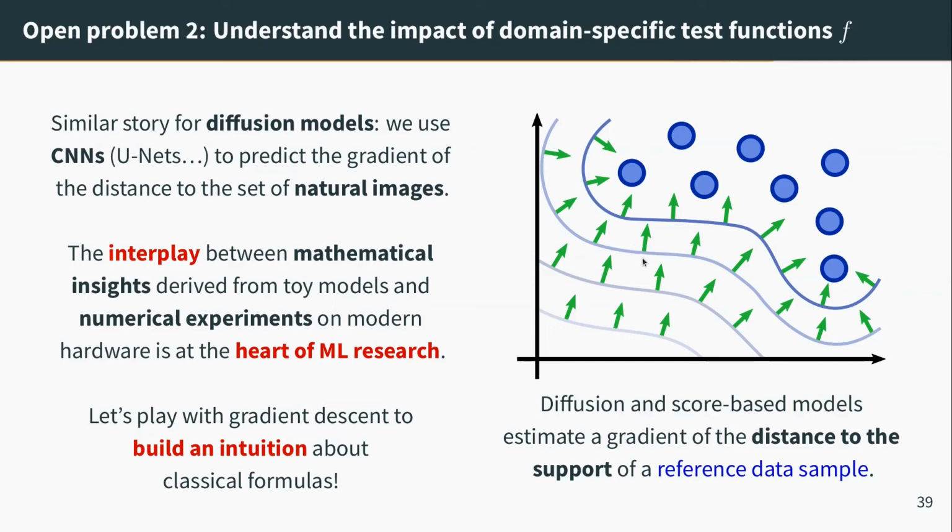Really, the secret sauce is that people use convolutional neural networks to predict this gradient. And this is what makes it work. And visibly, you've all seen the images, I assume. It's really impressive. Okay. And so maybe the message to keep in mind from all of this is that this interplay between mathematical insight that people have on toy models and numerical experiments on modern hardware is really what modern research in machine learning is all about.